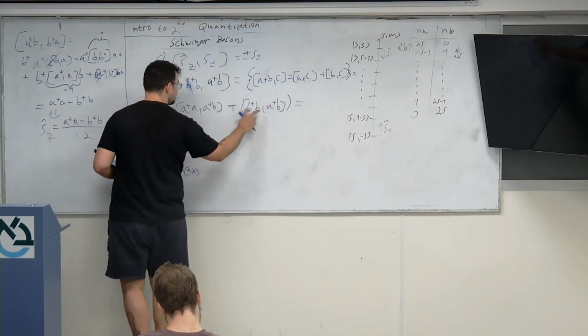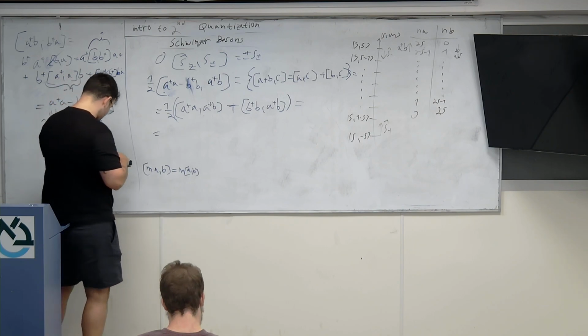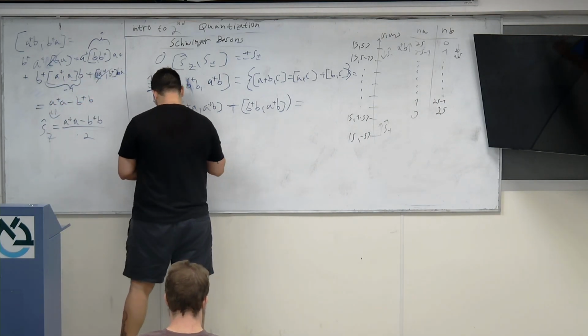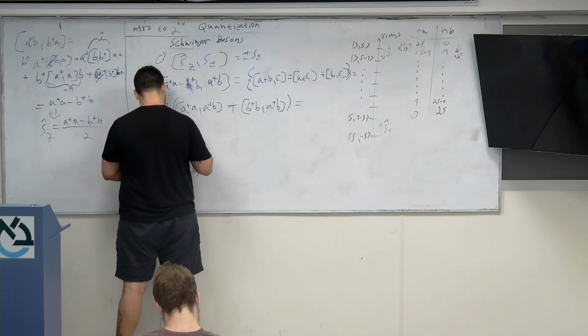Right. Now again, these two I can open with the same identity that I used here and get a very, very long expression. That's good. This will take 1.5.